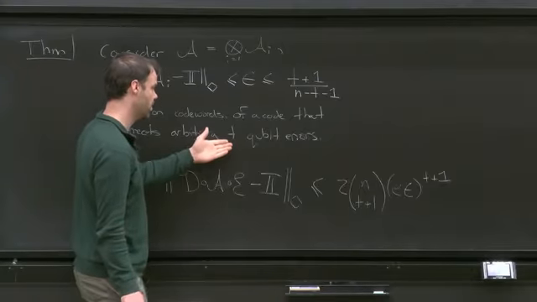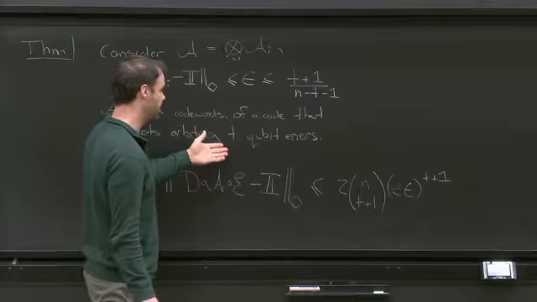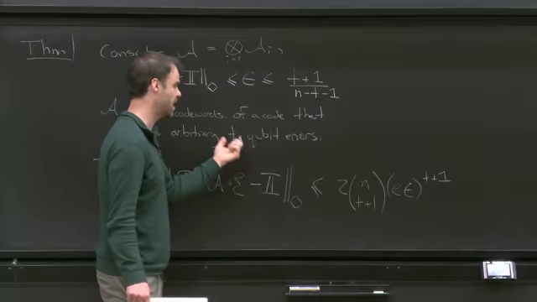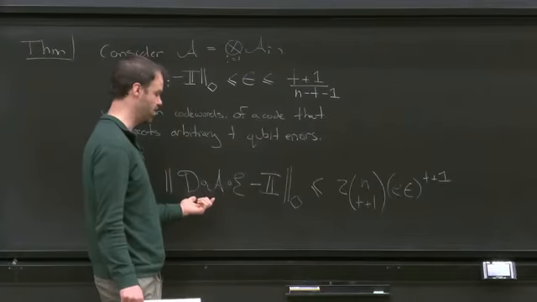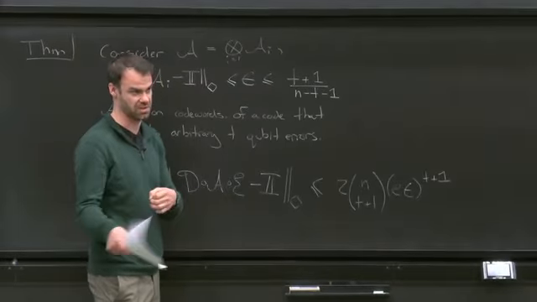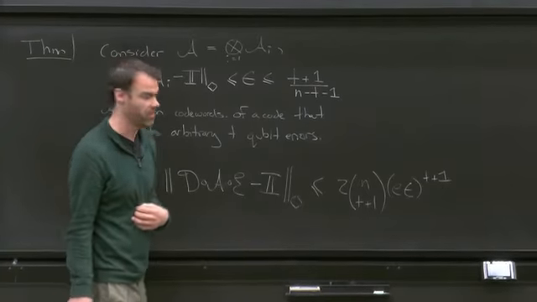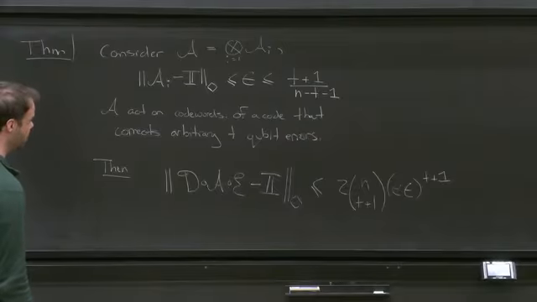It's saying if I can correct errors up to a certain weight, like acting on t qubits, then that's sort of good enough to correct small IID noise on lots of qubits. Okay. And the way that you prove this is very similar to the classical case.